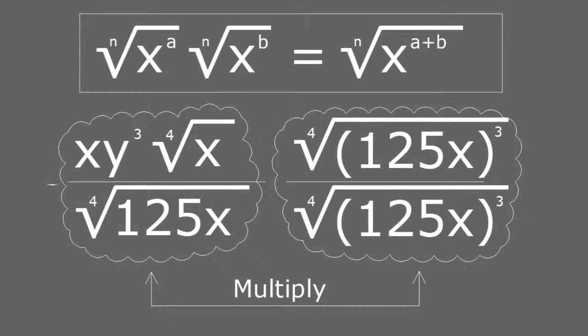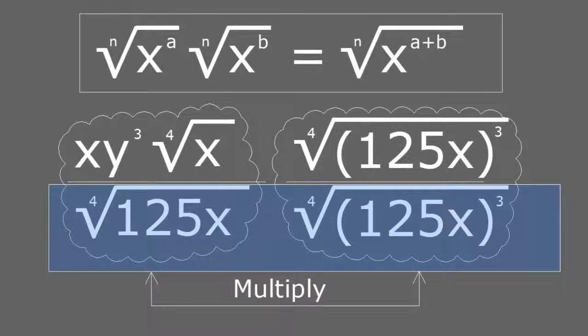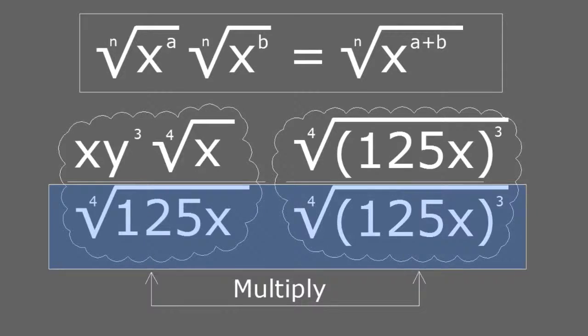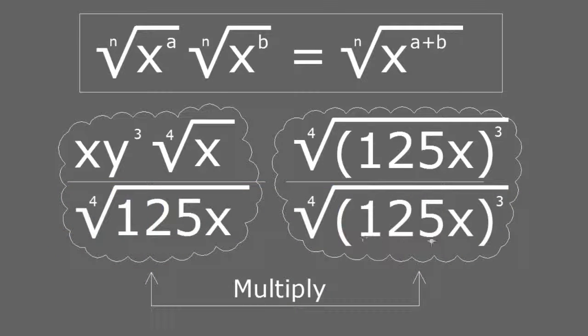Here we go. We're going to multiply these two expressions, okay? One is the fourth root of 125x, and the other is the fourth root of 125x, but this 125x is in parentheses with an exponent 3. When I have that, I'm multiplying two roots of the same grade with the same radicand, 125x, but one radicand has one exponent and the other radicand has a different exponent.